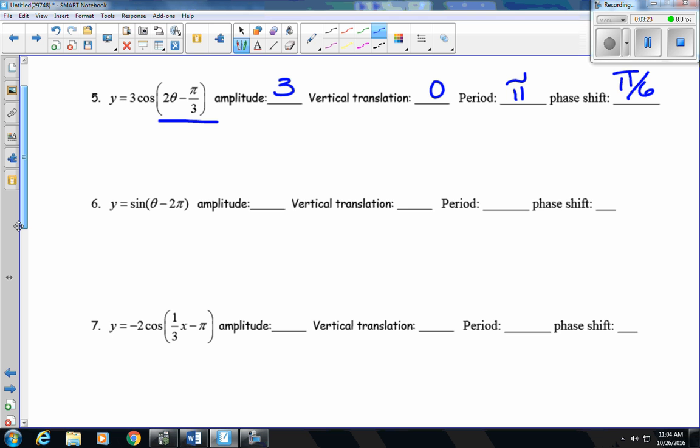So if I think about this algebraically, I'm going to change this to 2 theta minus 1/3. I'm going to leave the pi out because I know I can put it back in at the end. Equals 0. Think about it in terms of algebra. How would I solve for theta? So I would say 2 theta equals 1/3. Divide by 2.